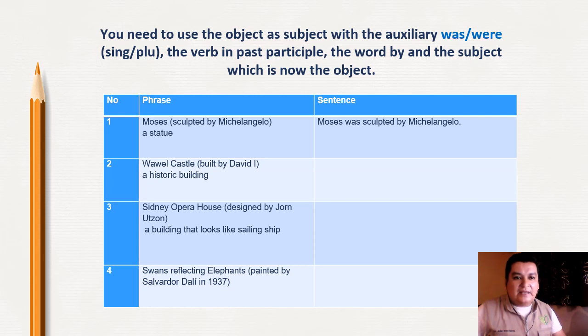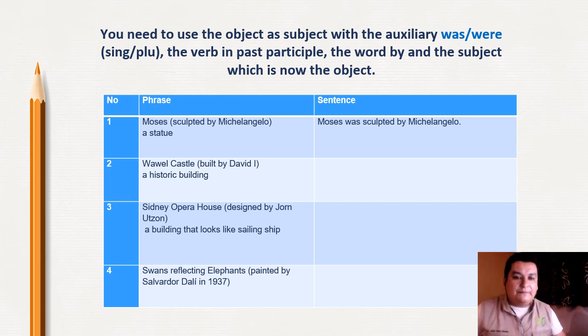Usted necesita usar el objeto como sujeto con el auxiliar was or were, singular o plural, the verb in past participle, el verbo en pasado participio, the word by, la palabra by, and the subject, which is now the object, y el sujeto, que ahora es el objeto.